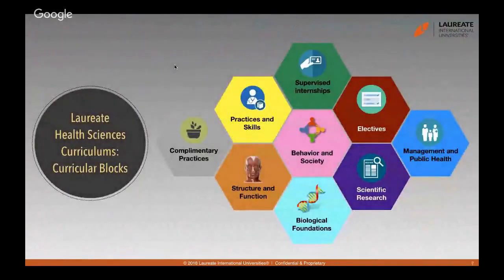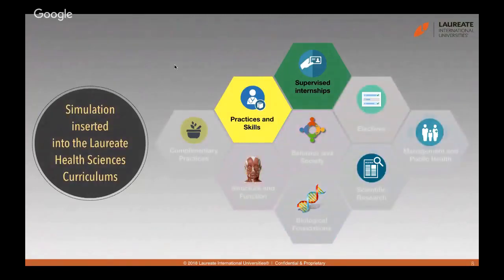So, in Laureate Health Sciences, our curriculums are organized in curricular blocks. Each block addresses different themes, such as behavior and society, biological foundations, structure and function, practices and skills, etc. But what does it have to do with simulation? In Laureate Health Sciences, for us, simulation is not an event or something that happens as a show, or if we have an extra time with our students.